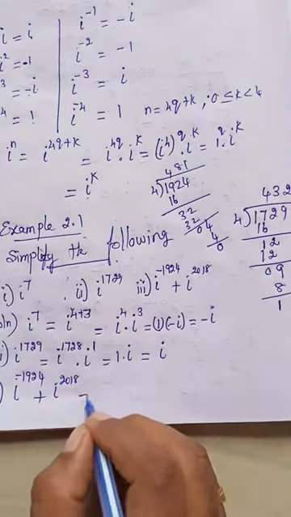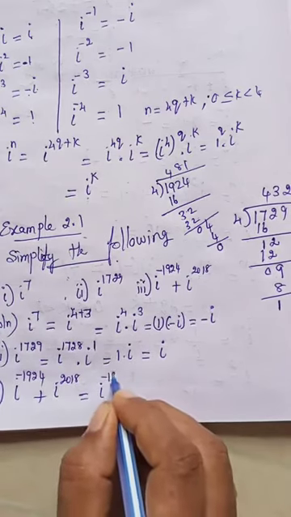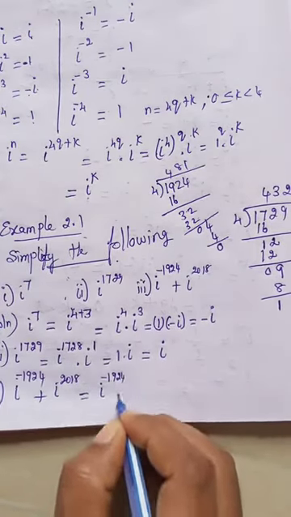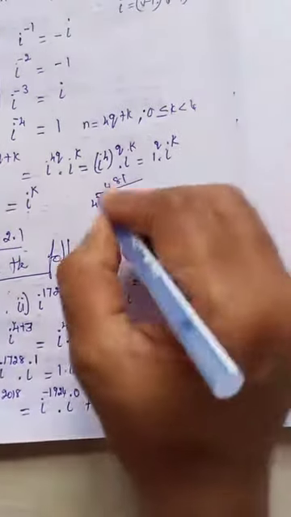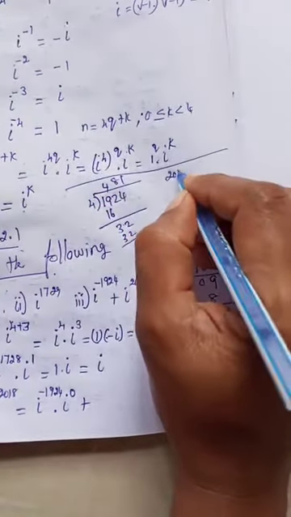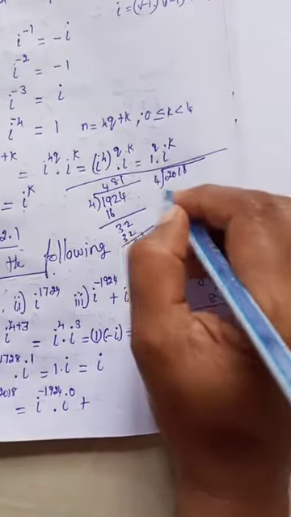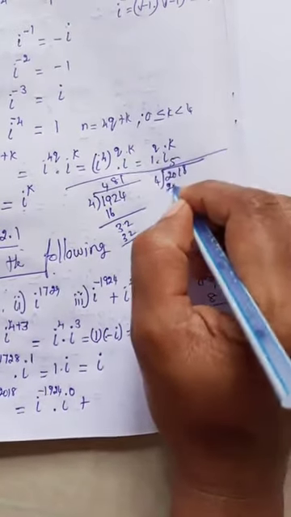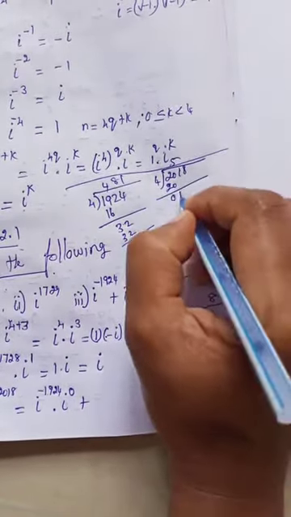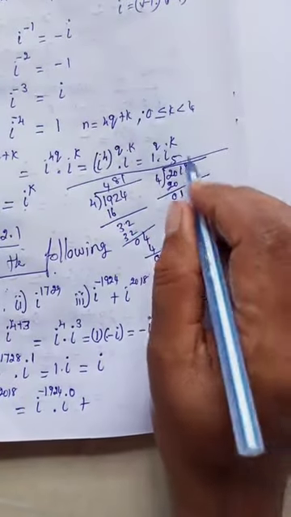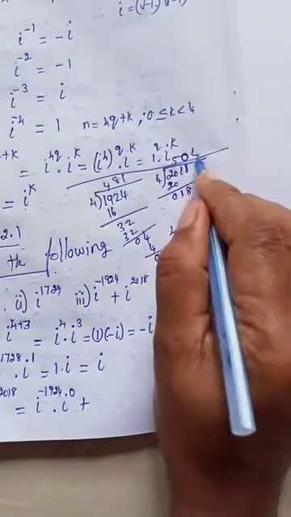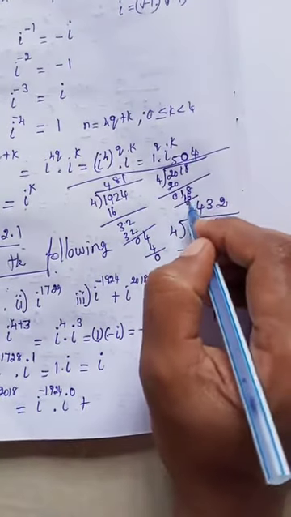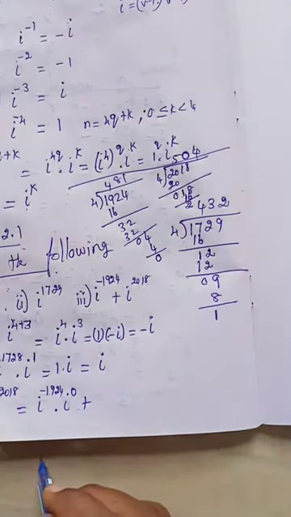So here when we write, that is i^(-1924) into i^0 plus, here 2018. 4. 5 fours are 20. No remainder. 1. 1 is not divisible by 4, so here I have to put 0. The next number is 18. 4 fours are 16. The remainder is 2.